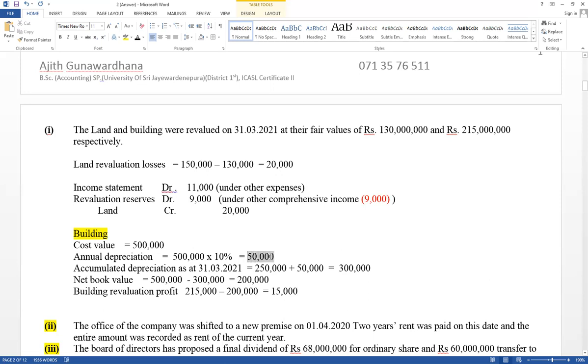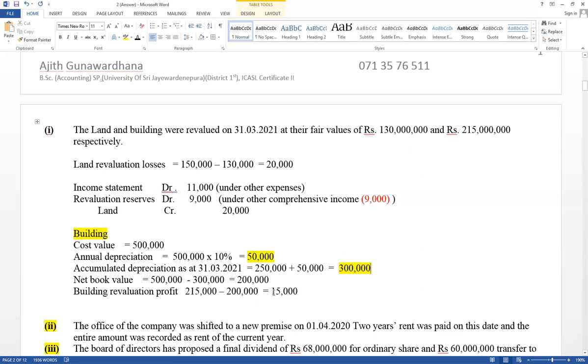Then you have to record annual depreciation, 2 marks available for that. Depreciation expense account debit, accumulated depreciation account credit. Therefore, annual depreciation should be included under administration expense as well as the PPE schedule. Then accumulated depreciation as at the revaluation date also should be recorded in the PPE schedule.